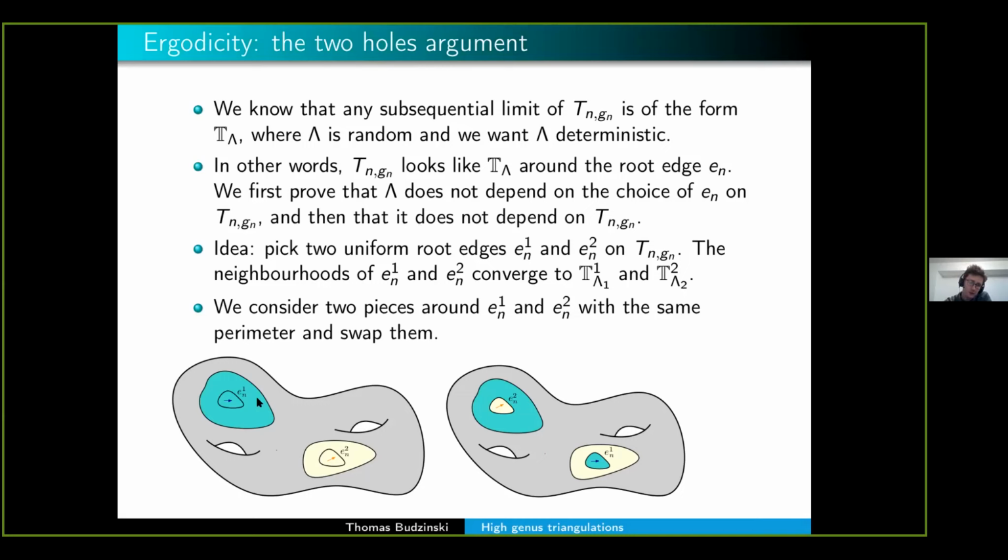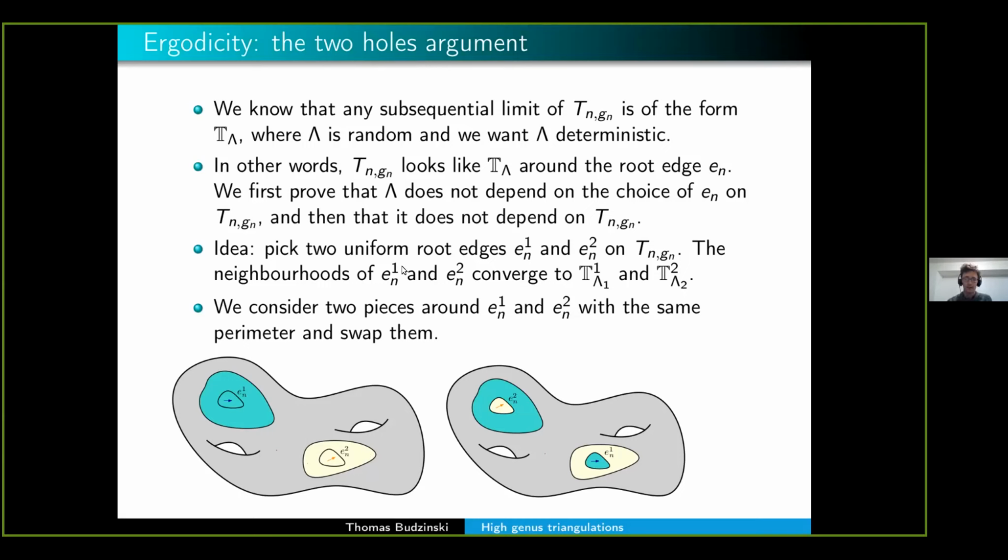For this, let's pick independently two roots, en1 and en2, on the same triangulation. So I take my triangulation uniformly at random, and then I pick two roots uniformly and independently on this triangulation. Then I observe a Pschit with parameter lambda1 around the first root, and of parameter lambda2 around the second root.